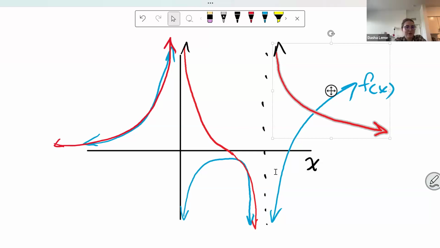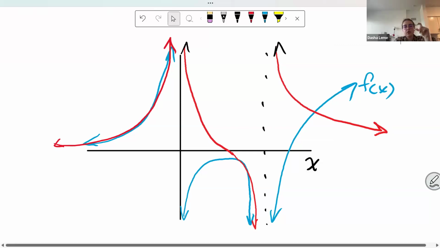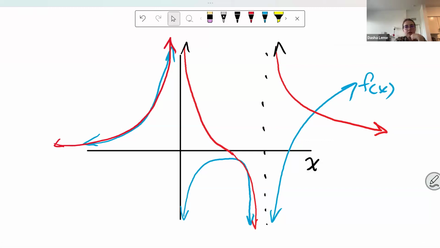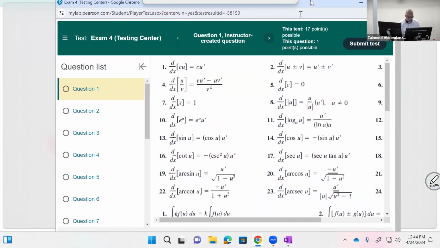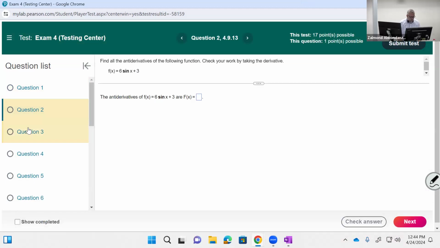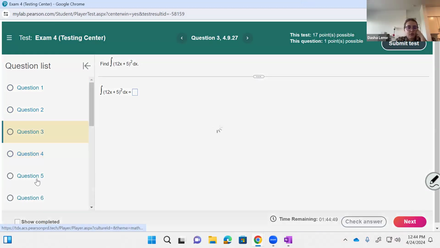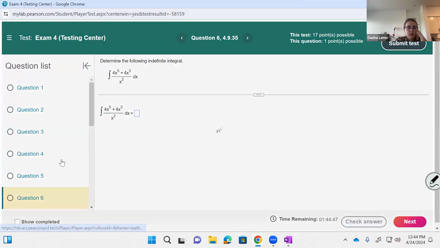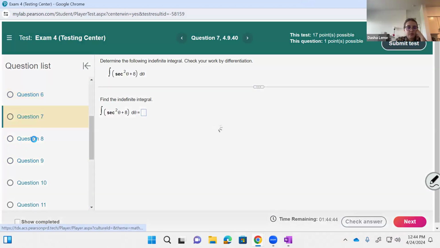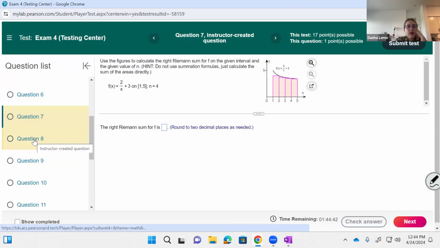I have another problem I want to do, if that's okay with everyone else. Sure. From exam 4, there was also a graph question. It was like A, B, something like that. I can try to find it. Well, here's exam 4. It was also a graph question. I think it was question 3, but let's just go through all of them. I believe it was 13.